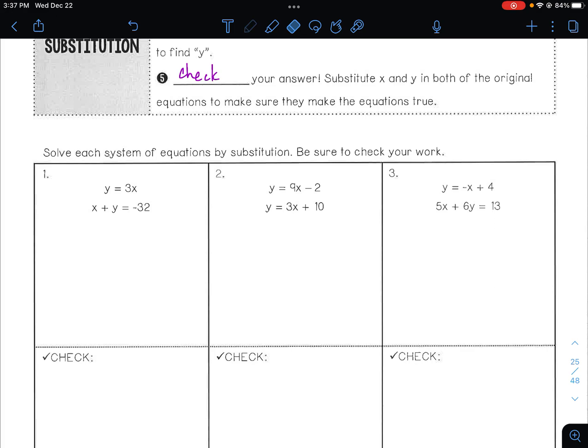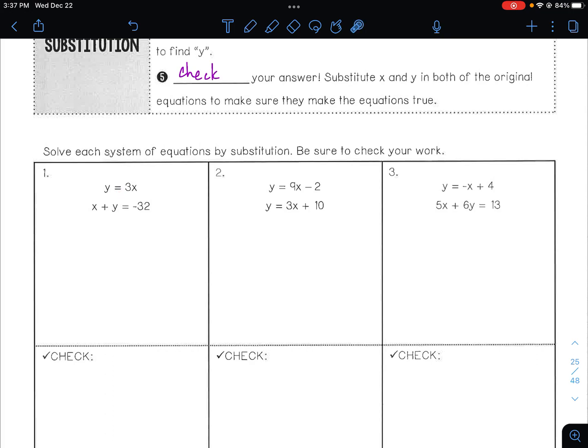So if we know that y equals 3x, that means y is 3x, right? We're going to replace y with 3x. That's why they call it substitute. So substitute this y right here with 3x.